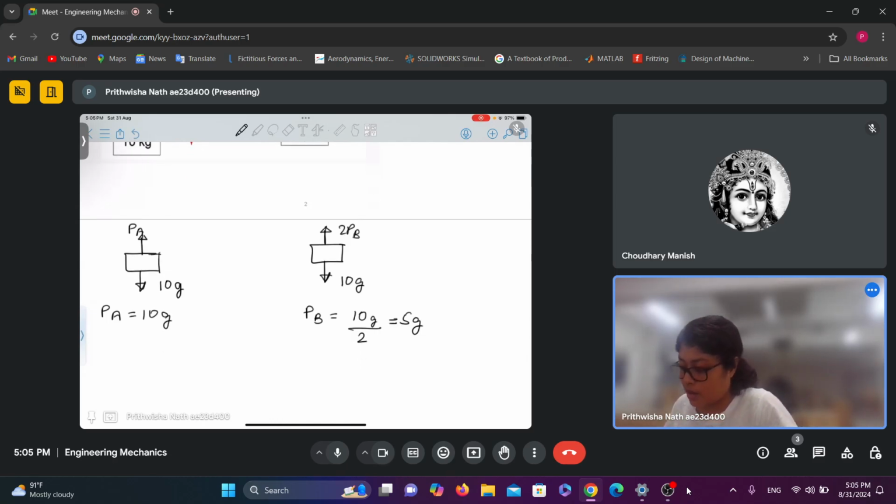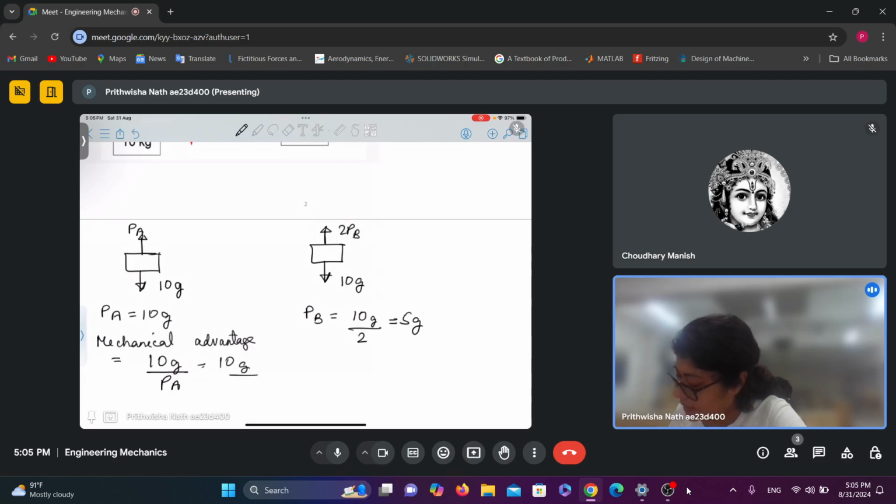Now, what is the mechanical advantage for the first case? Mechanical advantage is 10 g by Pa, which is 10 g by 10 g, that is equal to 1.